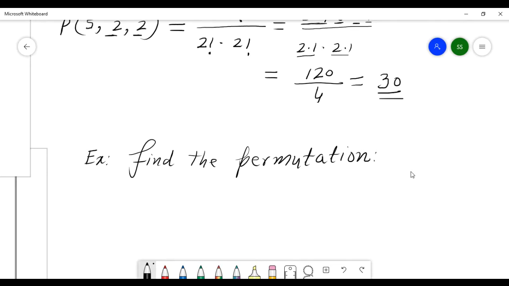This is the word STUDENT. Student. Find the permutation of this. Okay. Solve this. Find the permutation of this. Student. Solve now and tell me.